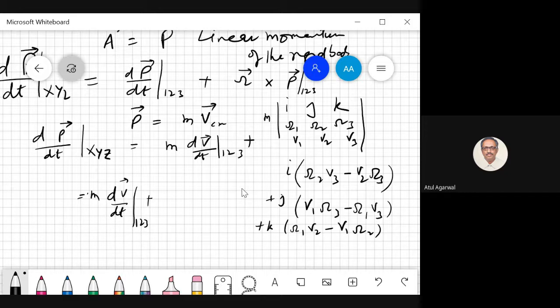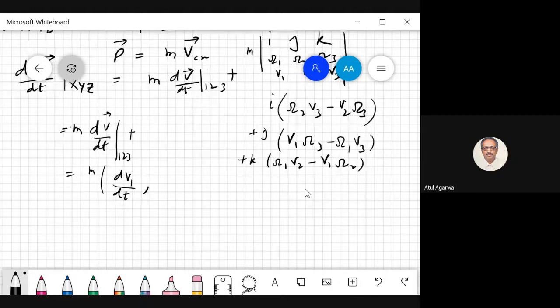So m dv by dt plus this term. Now m dv by dt you can write as m dv1 by dt. So I've written the components.